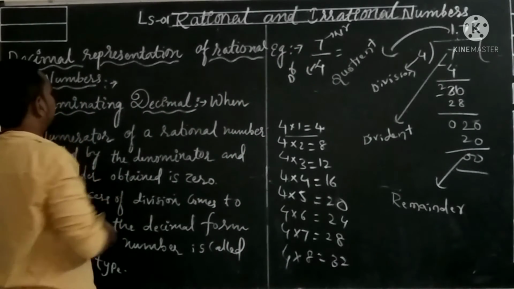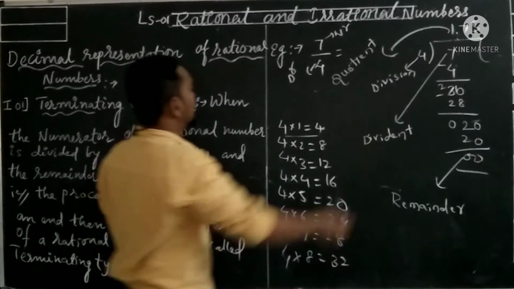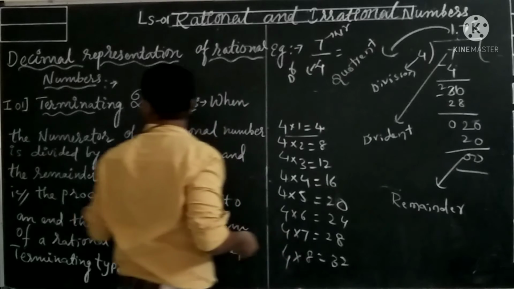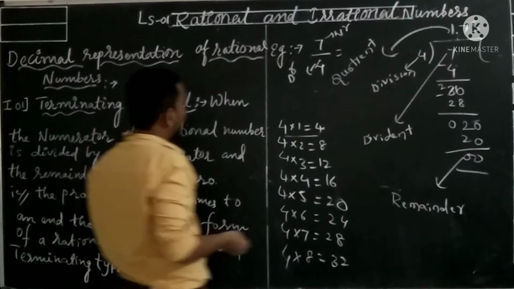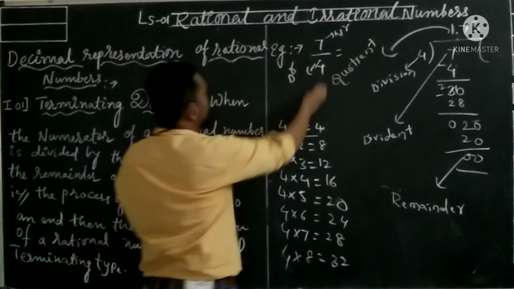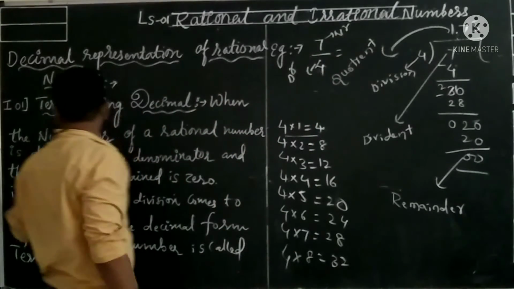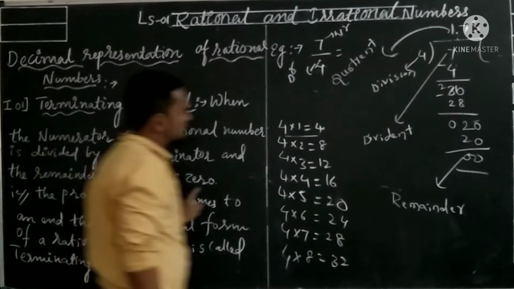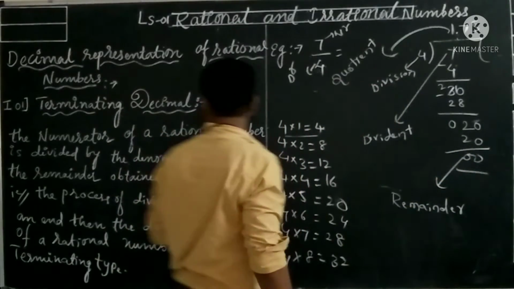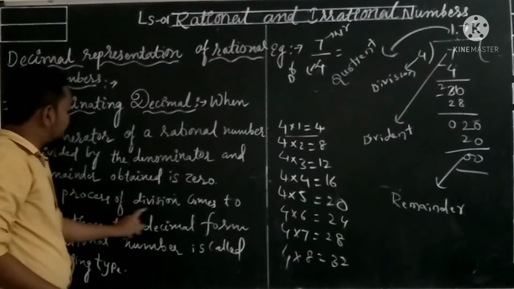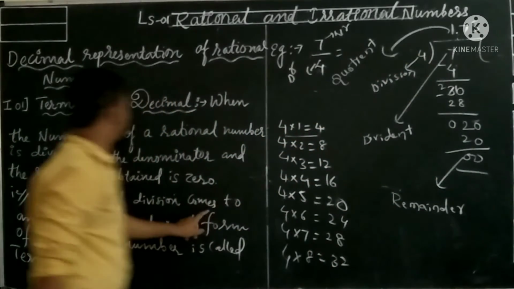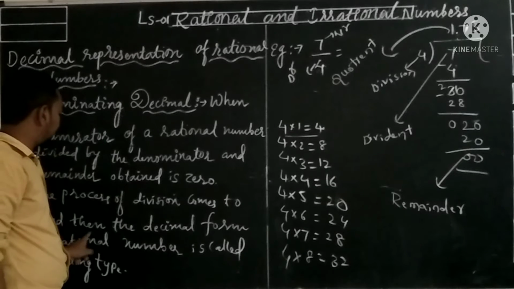Here, terminating decimal means when we take a rational number 7/4, the numerator 7 is divided by the denominator 4. The remainder obtained is 0, so the division process comes to an end.